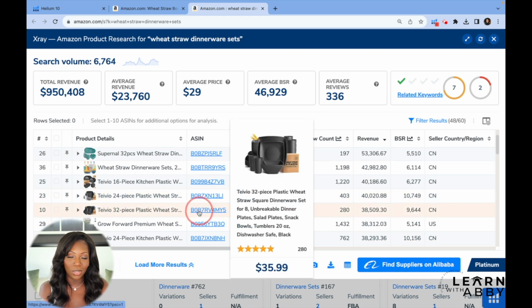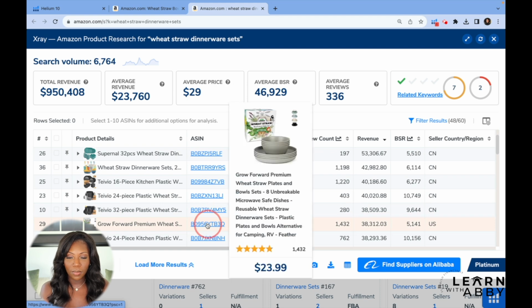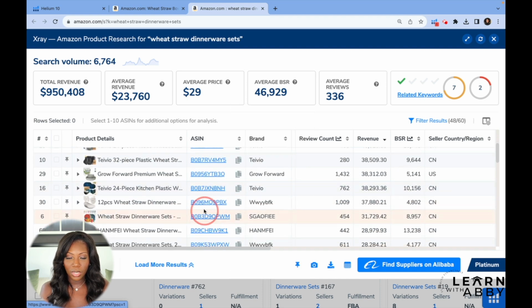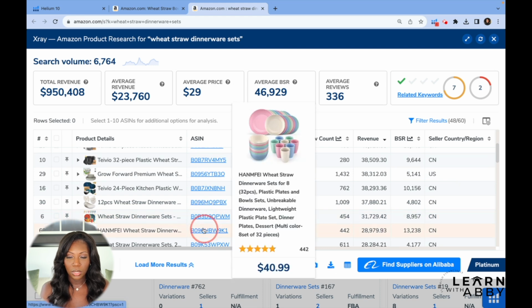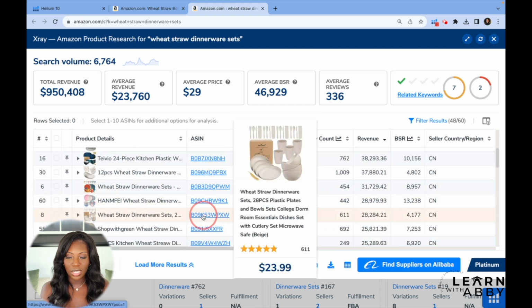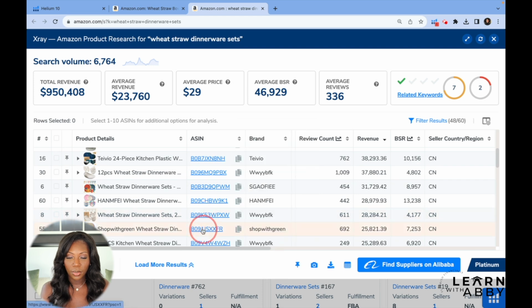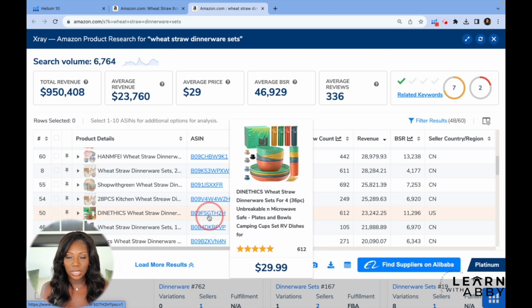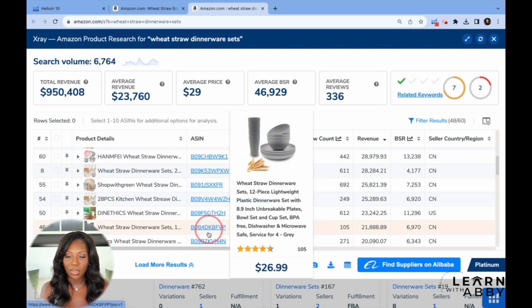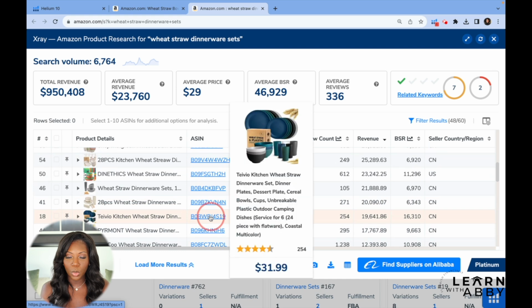Is it the strongest one? No, but it's something. And let's see if anyone else has found a creative way of making this product stand out. Not really. It just looks like different colors, different combinations, but I can't say that anyone here has been super innovative with how they have differentiated this product.